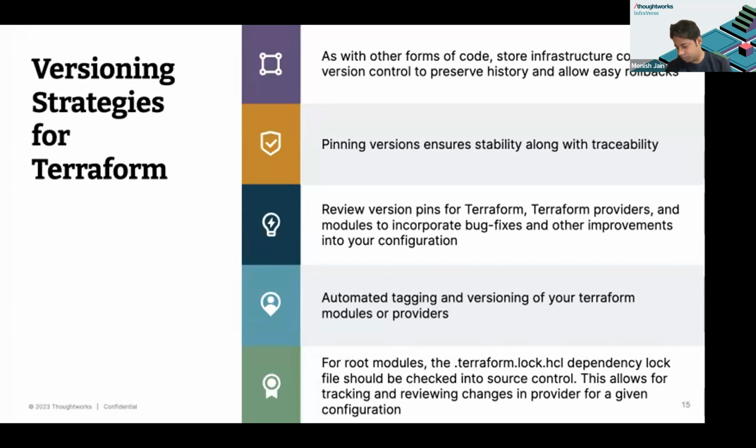Then, based on the requirements, the bug fixes or security fixes, we can upgrade the pinned version to the version that has been released. If we are writing our own modules or our own providers, then we should always have a proper tagging and versioning mechanism in place so that consumers can follow the versioning pattern that we are providing.